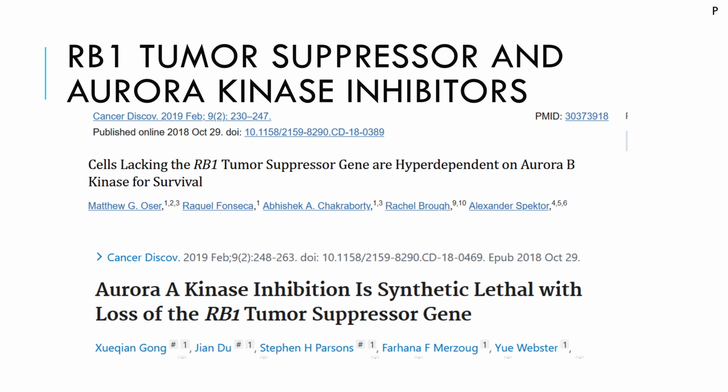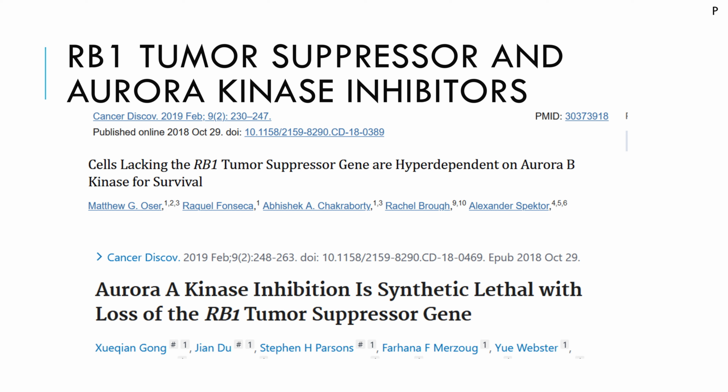And cells lacking the RB1 tumor suppressor gene, I'll just read it off of the title, are hyperdependent on aurora kinase for survival. This was noted in one of the first papers that described RB1 and its role that might be linked to synthetic lethality.